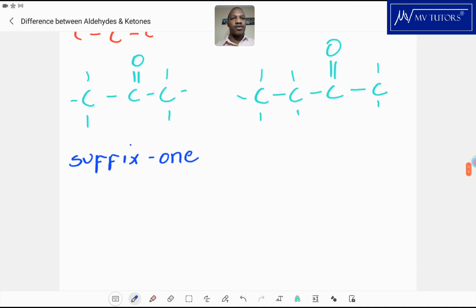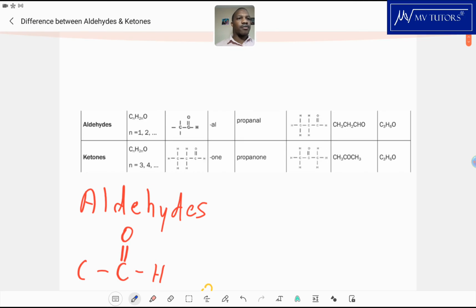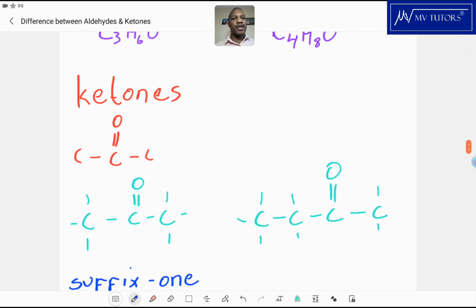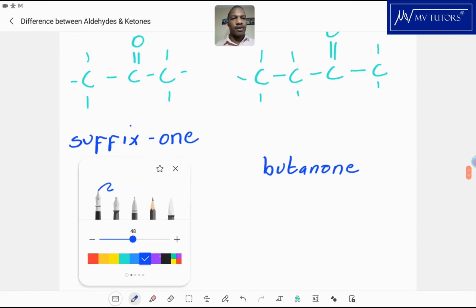So in naming this, 1, 2, 3, that's a prop, and the suffix "one" makes it propanone. This side, 1, 2, 3, 4, that's a butan, and then you put the suffix, butanone. Okay, that's it.